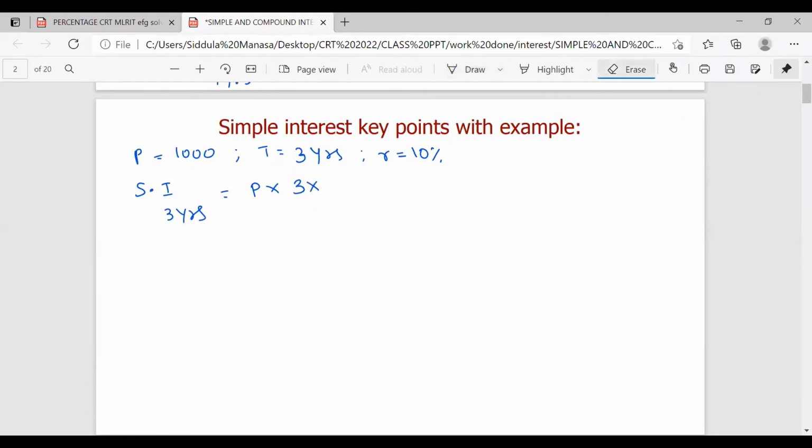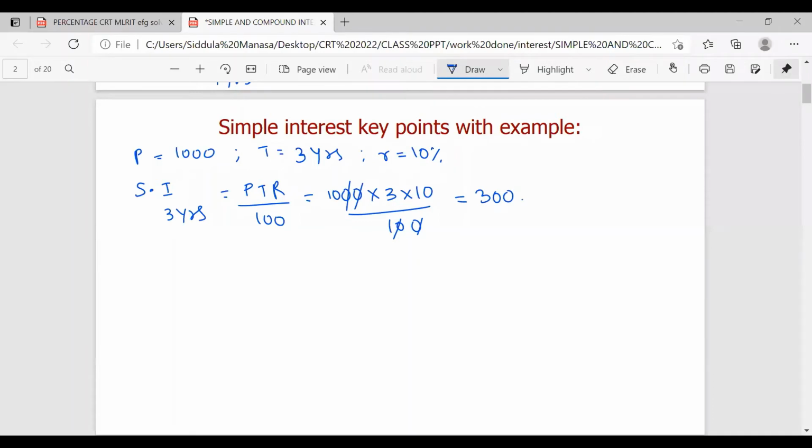So simple interest for 3 years equals PTR by 100, where principal is 1000, time period is 3 years, rate of interest is 10%. So the zeros cancel, and this equals 300.